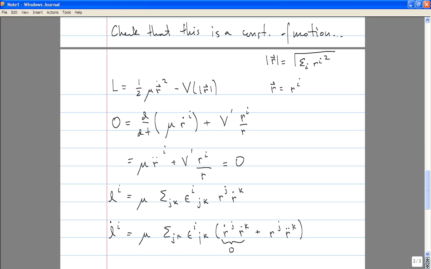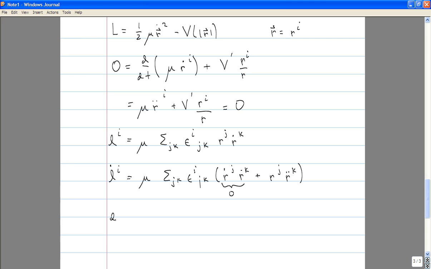Okay? In vector notation, this would be L vector dot would be equal to mu times the derivative of r cross r dot, which would be r dot cross r dot. That would be the first term, plus r cross r double dot. So that first term obviously vanishes. And now, for the second term we use the equation of motion. So in vector language, the equation of motion says that r vector double dot is equal to minus v prime over mu r vector over r.